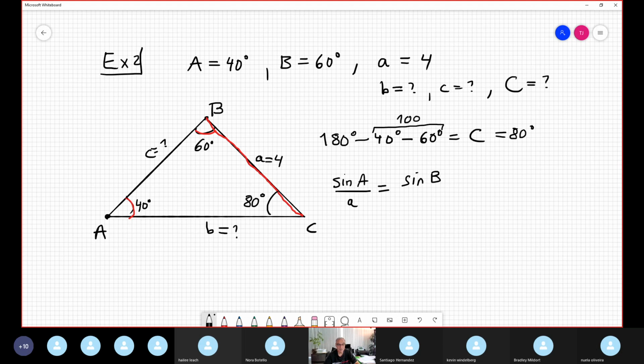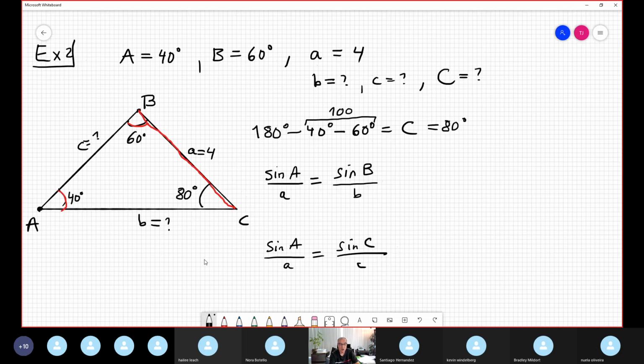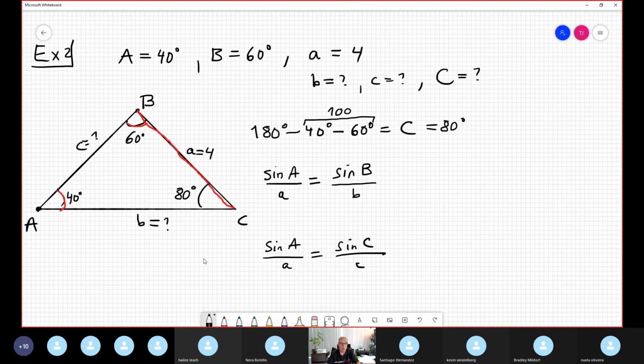Okay, this is sine B divided by b. Likewise, sine A over a is equal to sine C divided by c, right? Plugging in one by one, though 2 times doing law of sine. Sine 40 divided by 4, because a is 4.